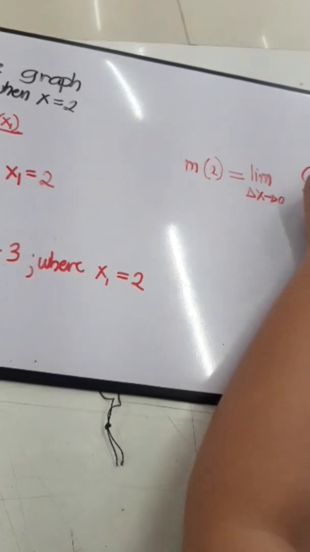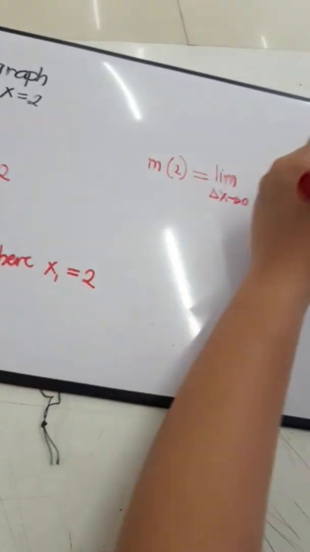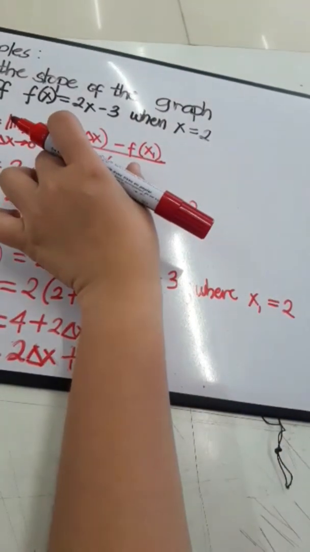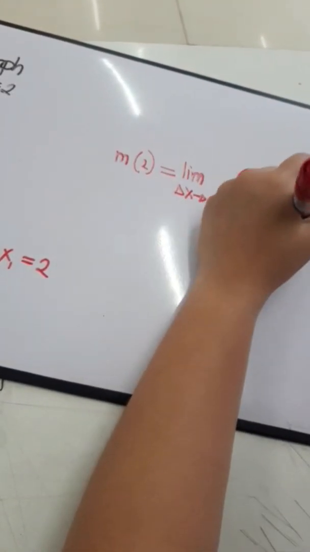So minus the value of our f of x sub 1, which is 1, all over delta x.